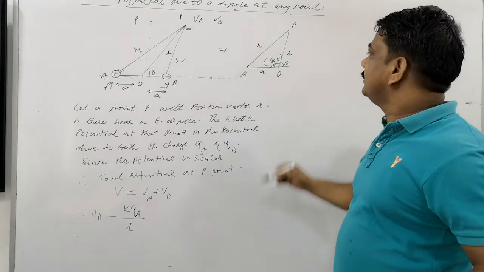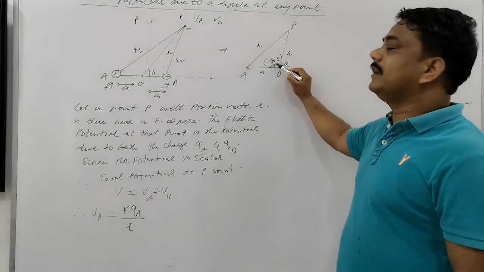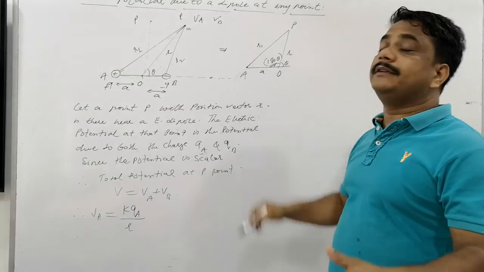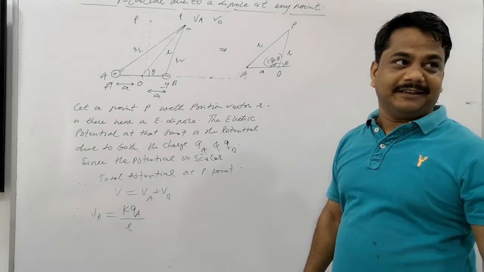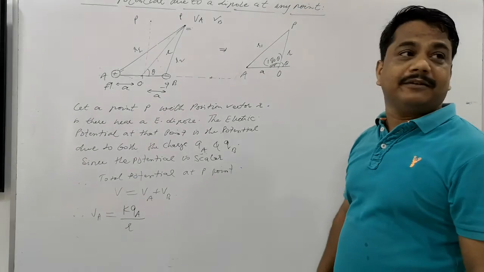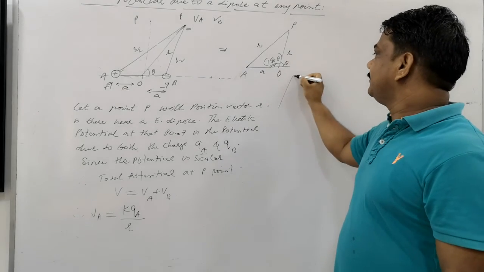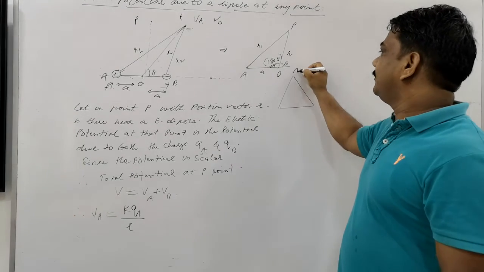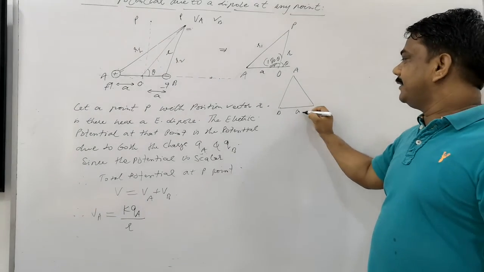Means with the relationship, three sides are there in a triangle, and one angle is given here. So the relationship between three vectors can be given with the help of the cosine rule that you studied in the 11th class. What is the cosine rule? Do you remember this? I'm telling the cosine rule here. It's point A, it's B, or it's C. The side opposite to A vertex is a.